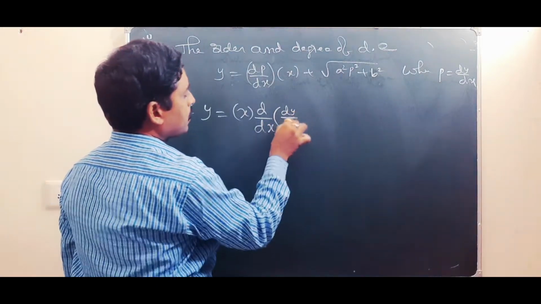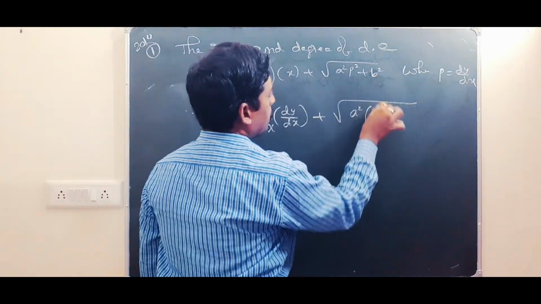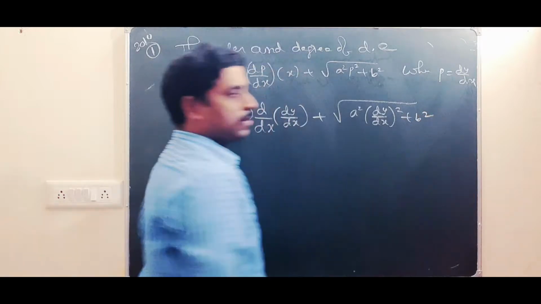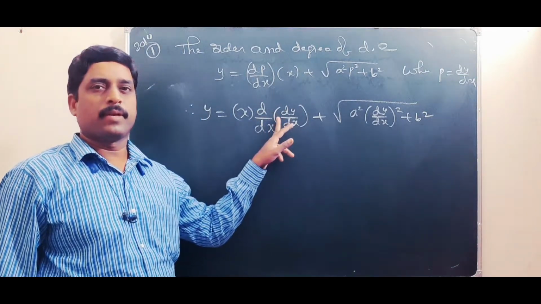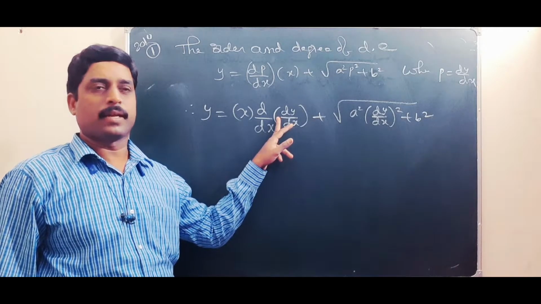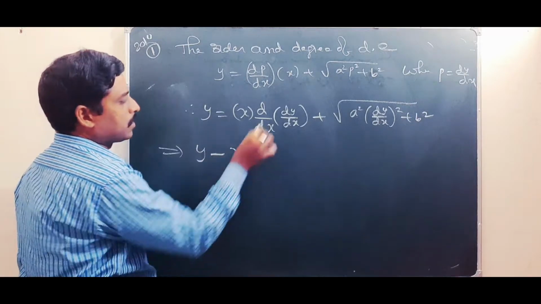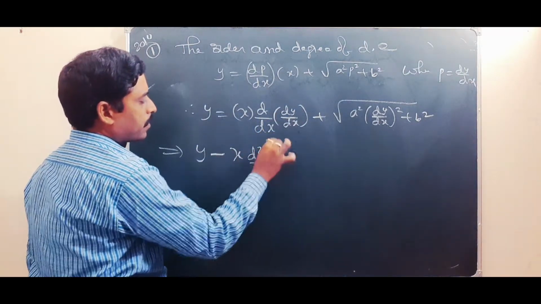Write dy/dx, plus √(a²(dy/dx)² + b²). Okay, so d/dx of dy/dx is nothing but d²y/dx². This positive value brought to the left side: y - x d²y/dx².